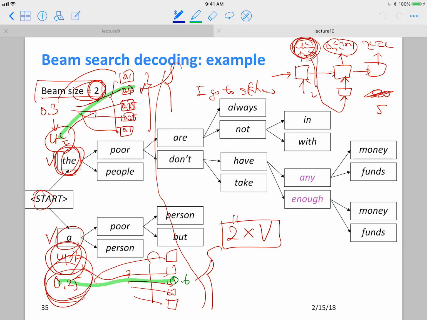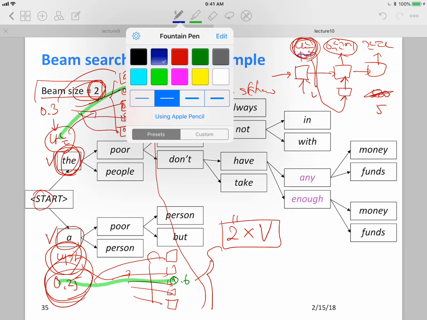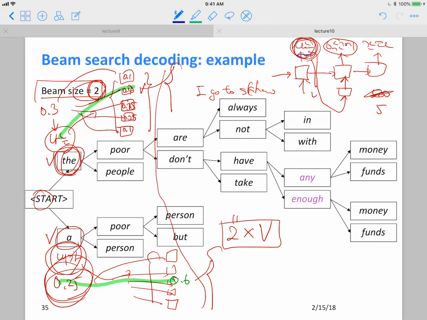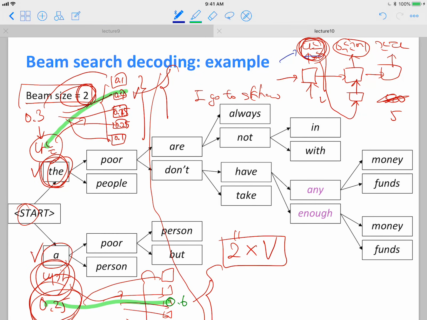So if we are considering the sequence 나는 학교에 간다, what is the probability of generating this sequence? We consider the probability of generating 나는 as 0.3, 학교에 as 0.4, and 간다 as maybe 0.2, and we simply multiply them together because we consider the joint probability of observing that exact sequence, right?